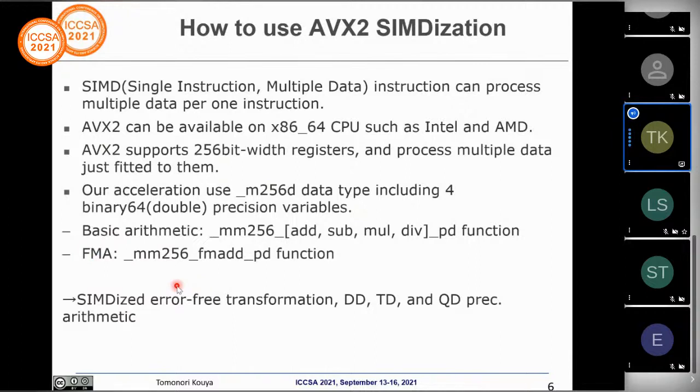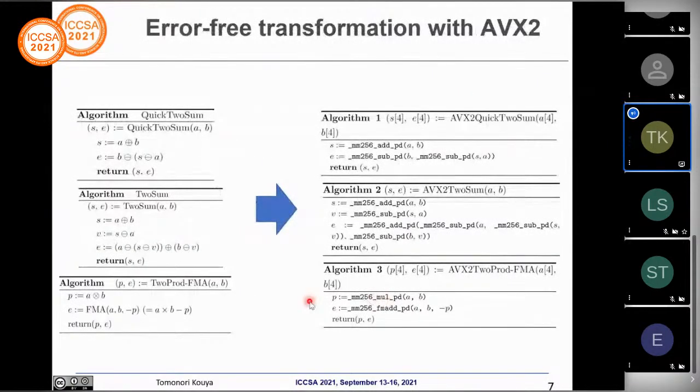On these arithmetic instructions of AVX2, we can simulate error-free transformation, double-double precision, triple-double precision, and quadruple-double precision arithmetic. This is one of the examples of our simulation. These are the error-free transformations used in our multiple precision arithmetic.